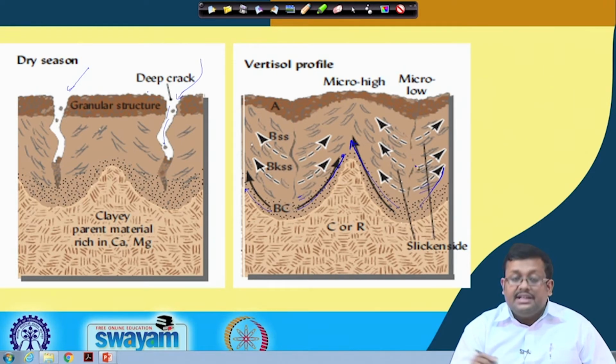These are present in oblique angles, and we call them slickensides.